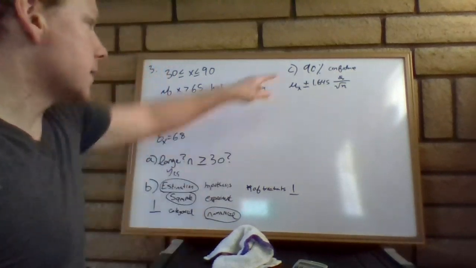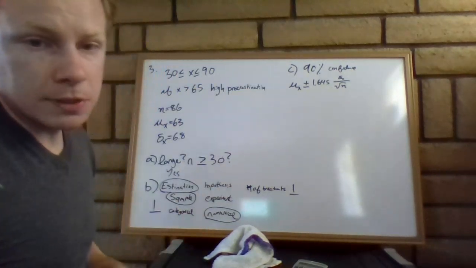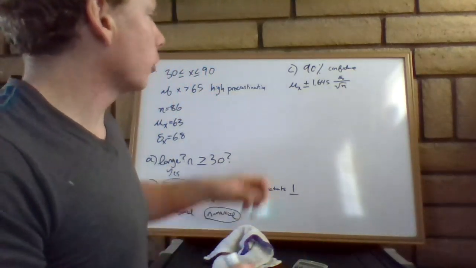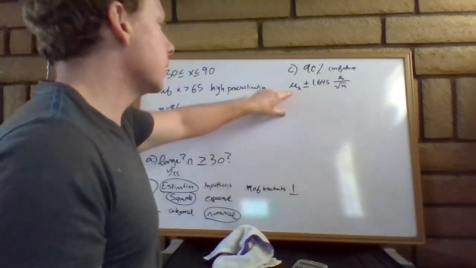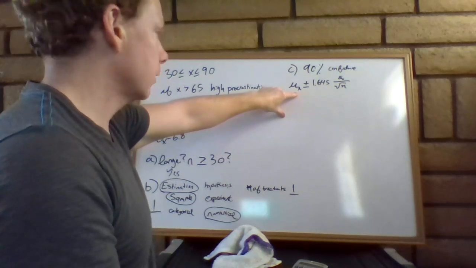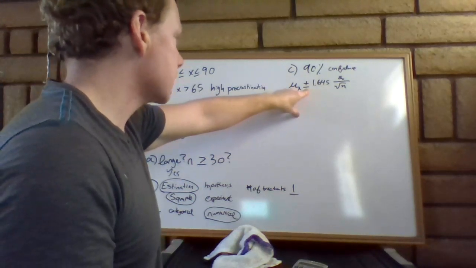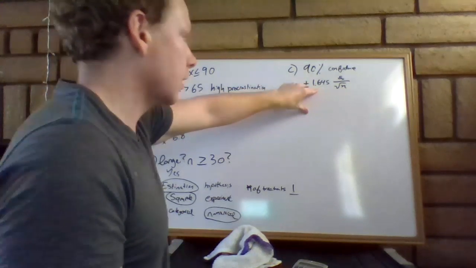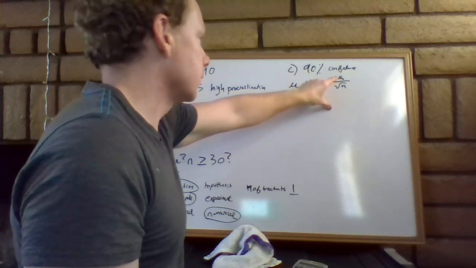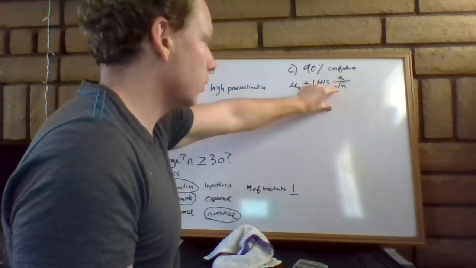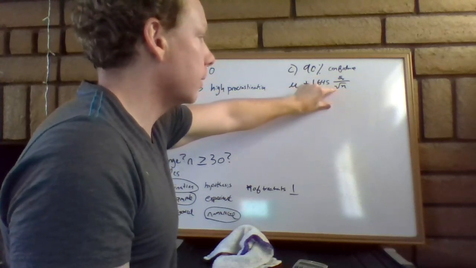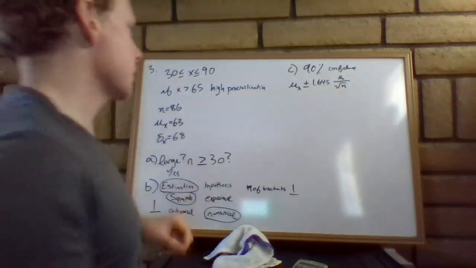All right, and then C is calculate a 90% confidence interval. So the formula for confidence interval will be our average value from our sample plus or minus the z-score for 90% confidence, which is 1.645, times our standard deviation divided by the square root of our sample size.